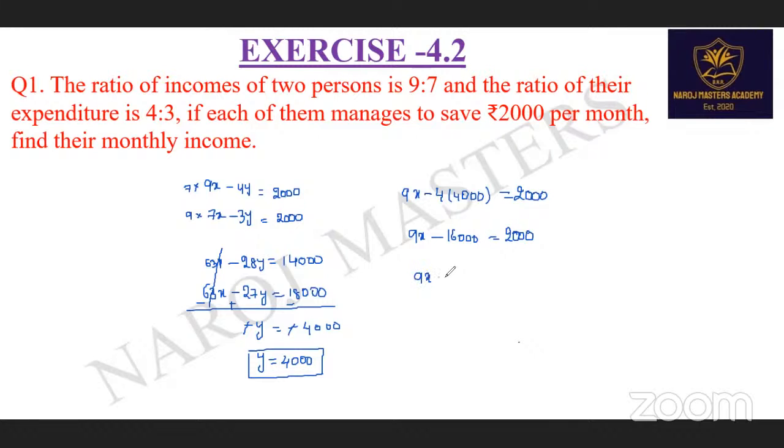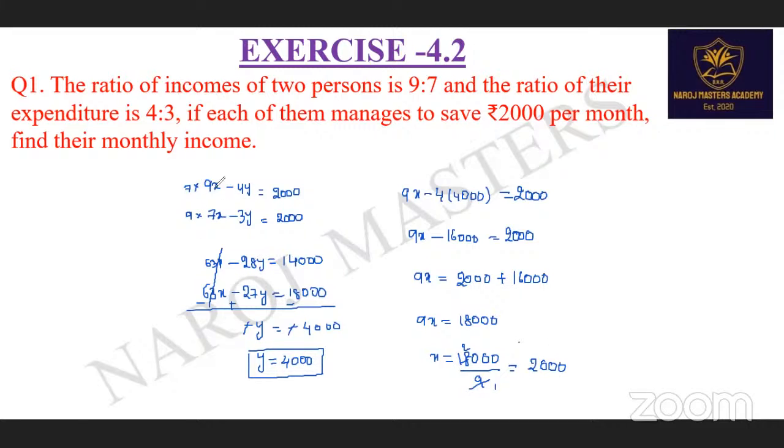Then 9x is equal to 2,000 plus 16,000. 9x is equal to 18,000. x is equal to 18,000 by 9. So x is equal to 2,000.